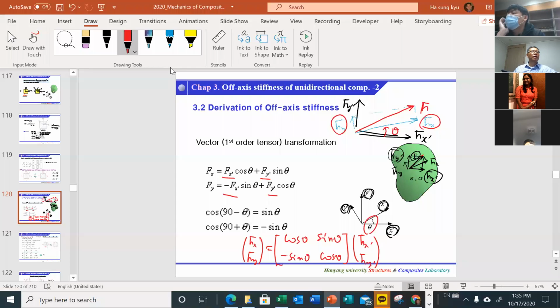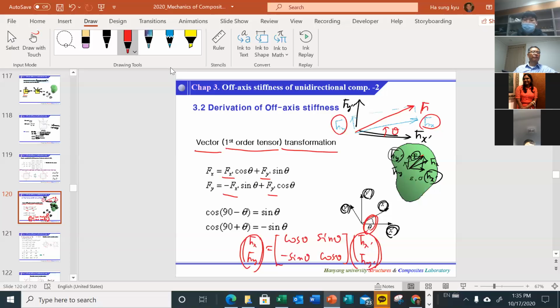Again, this is the relation between the vector components. We can call it vector transformation, and a vector is a first order tensor. This is the relation between components in two different coordinate systems, where the two coordinate systems have the angle theta.